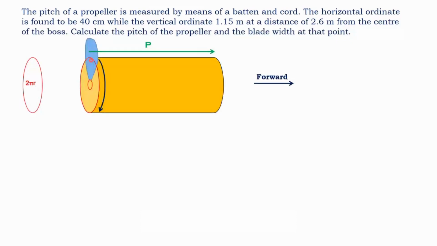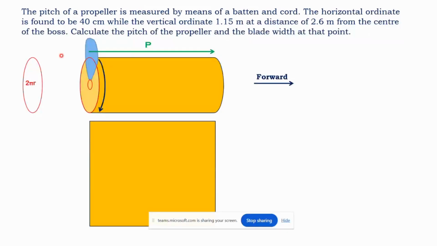Imagine the radius of the cylinder from the center of the boss. If I expand this cylinder, I'm going to get a rectangular form. One dimension will be the pitch, the other dimension will be 2 pi r. This purple line is the diagonal of the rectangle, and it is going to be the helix.